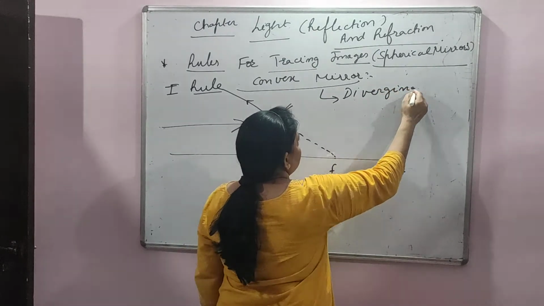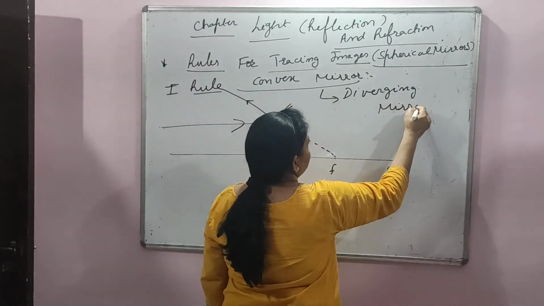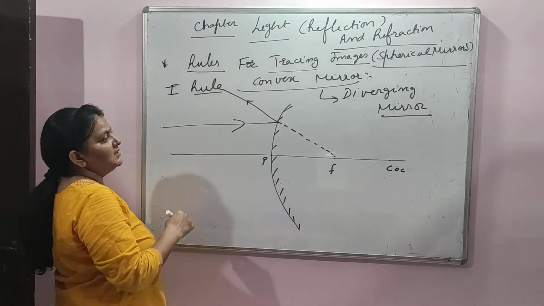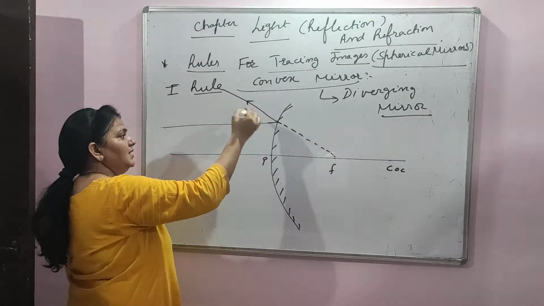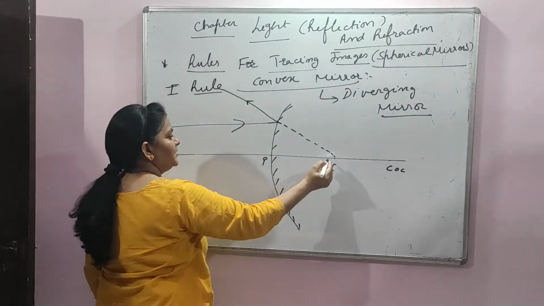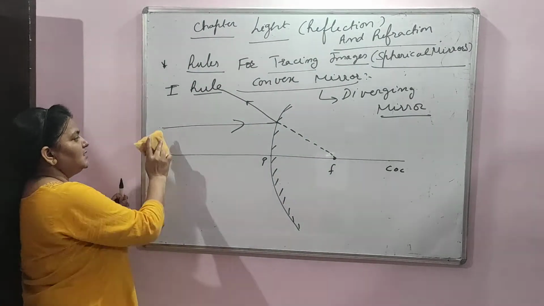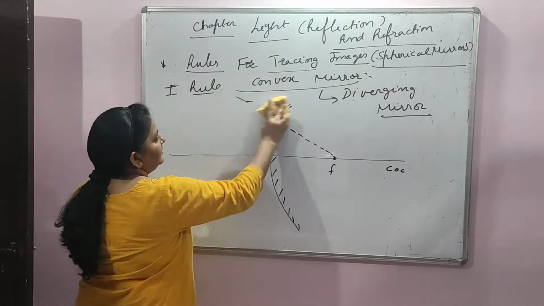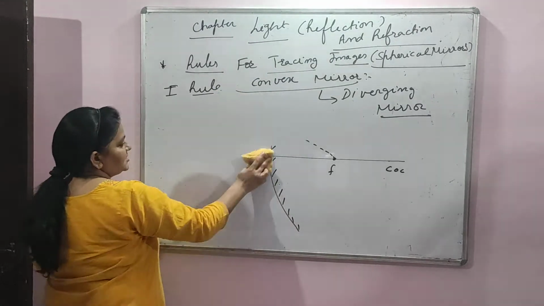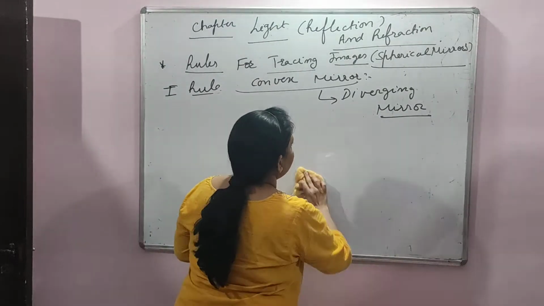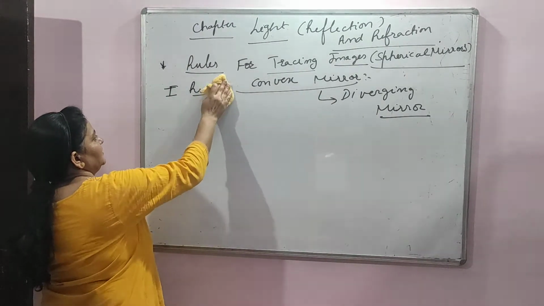Convex mirror is a diverging mirror. Concave mirror is a converging mirror. This is a basic difference. So the first rule is clear to all of you: an incident ray which is parallel to the principal axis, after reflection, will pass through the principal focus.